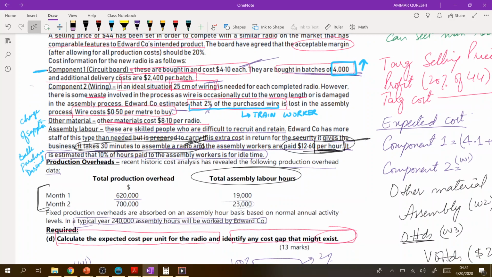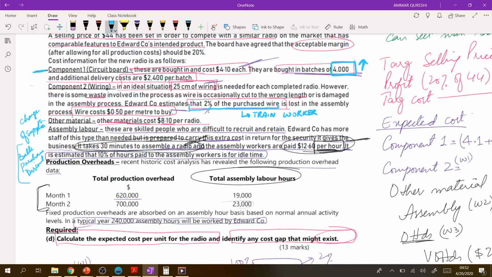But this part has some negative impact as well, because if you buy a lot of components at once, then definitely your storage holding cost will increase. So if you are writing bulk purchase discount, then you have to write this part as well, provided that storage cost will not increase so much.